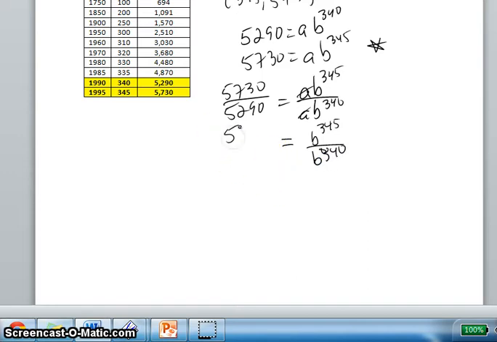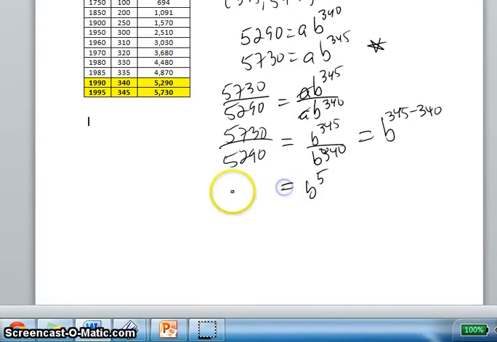On the right, you carry down the ratio here. And this ends up simplifying quite a bit, because our exponent rules say we can subtract the exponent in the bottom there. And we end up with b to the 5th equals this ratio.